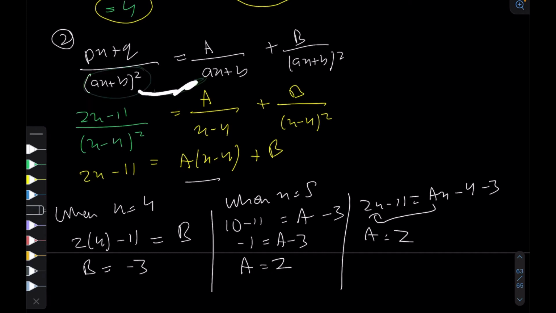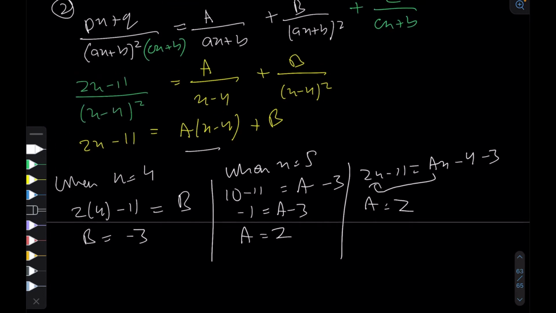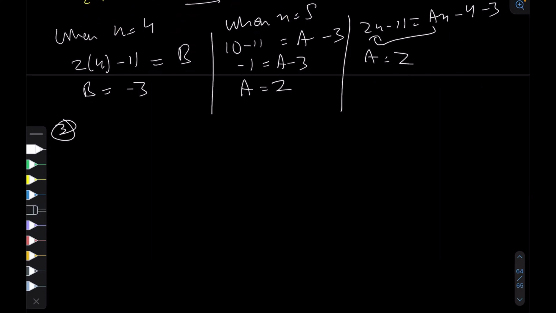And I must mention here that if I go back to my first type and add a linear factor, let's say cx plus b, then you would simply add the way you usually do, so this would be plus c over cx plus b. Over here I gave you the roots, but let's say you have something like px plus q, and in the denominator you have a quadratic factor that is not reducible, so it cannot be reduced to its linear factors.